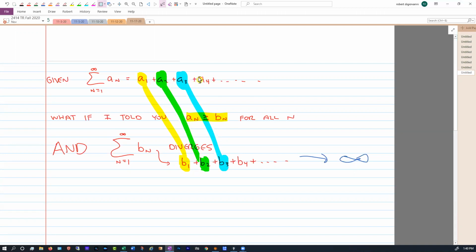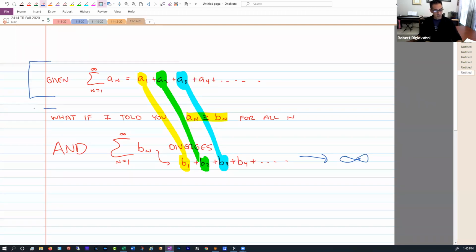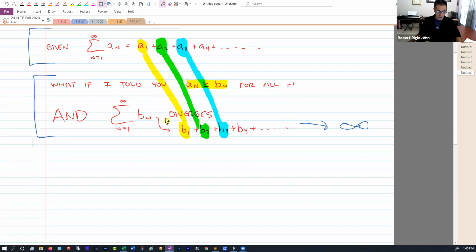So if we're given this, and each of those was bigger than these, then if this thing diverges, the conclusion would be, therefore, the original series here, the one we were given, must diverge. Does that make sense? Yes.